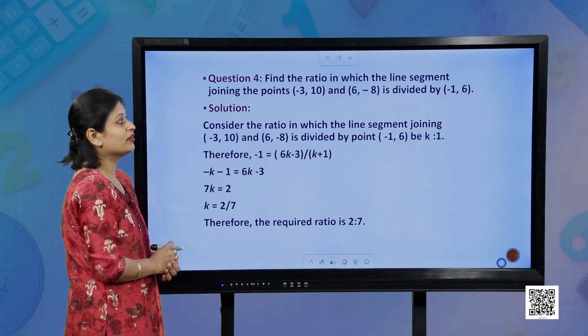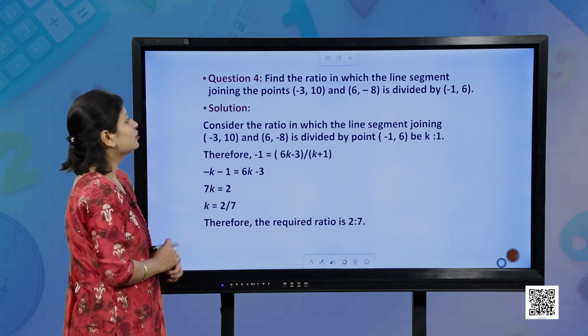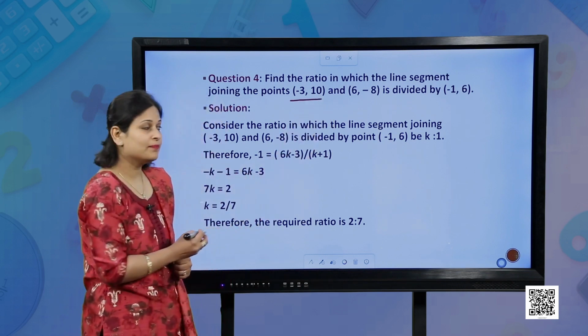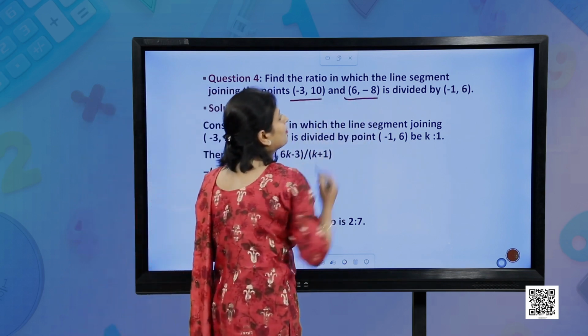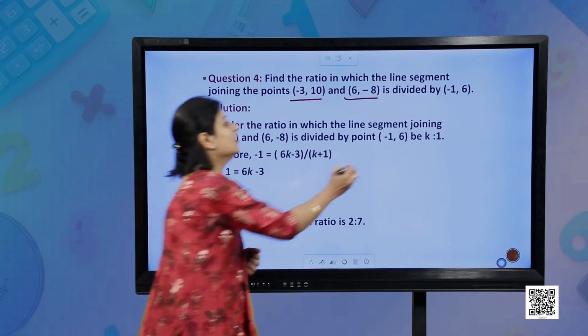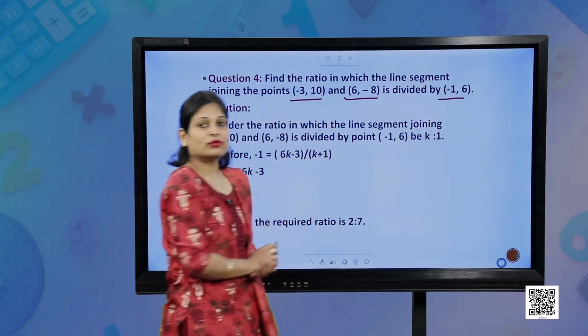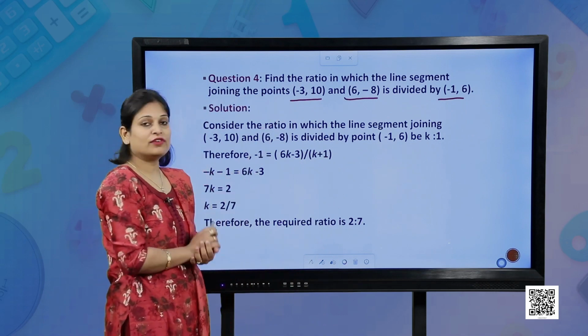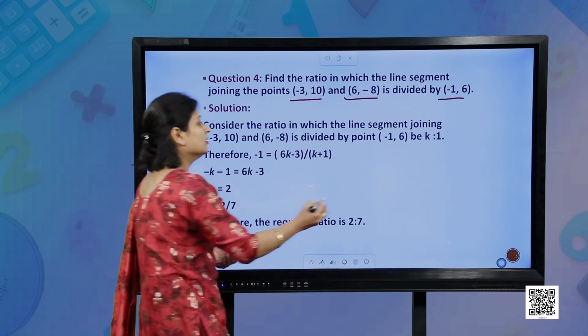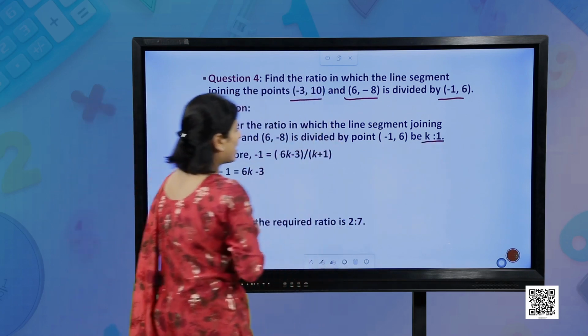Find the ratio in which the line segment joining the points -3, 10 and 6, -8 is divided by -1, 6. We need to find out the ratio, and the point of division is given. So, we will consider the ratio as k:1.